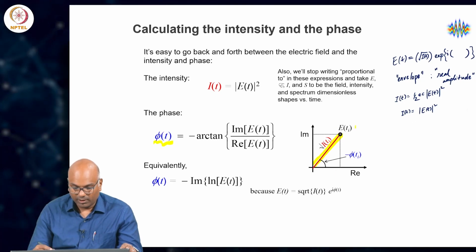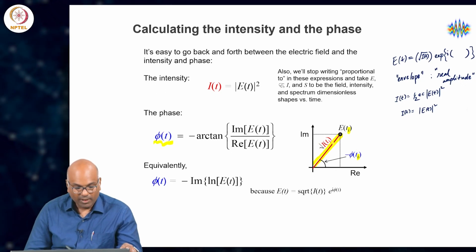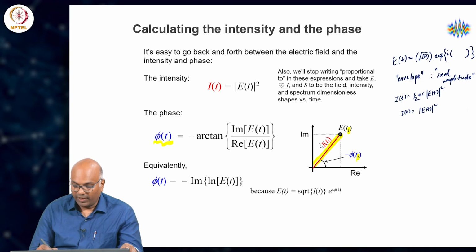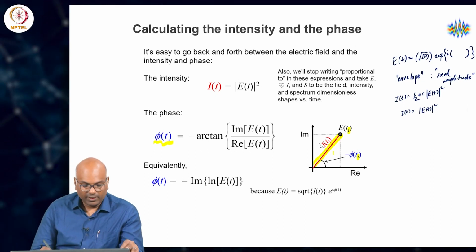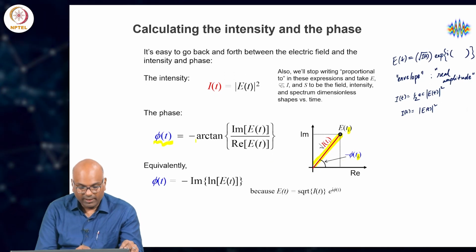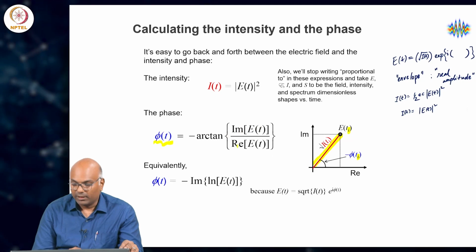If I focus on any particular instant of time t equal to t i and ask what the phase of the wave is at that instant, then it is simply minus the tan inverse of the imaginary part divided by the real part of the electric field.